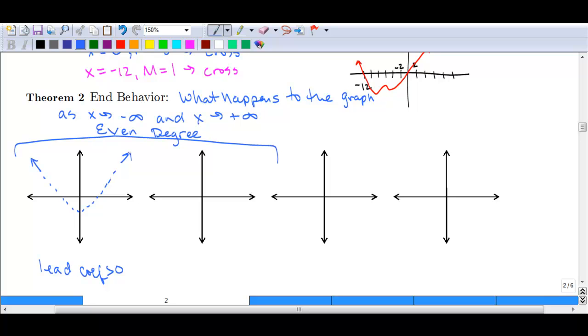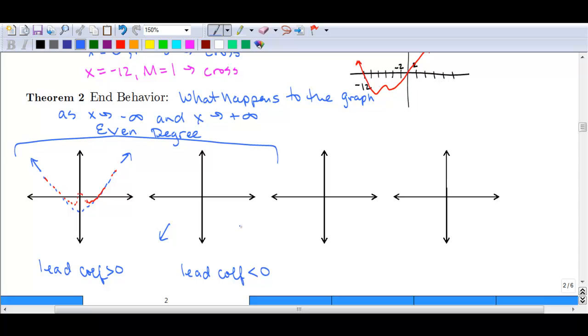If we have something like x to the fourth, it might do kind of a wiggle in the middle, and so forth. But it is always going to be pointing up to positive infinity in both directions as we go off to the ends. And if you think about it, if your lead coefficient is negative, then we're going to just flip this whole thing over.